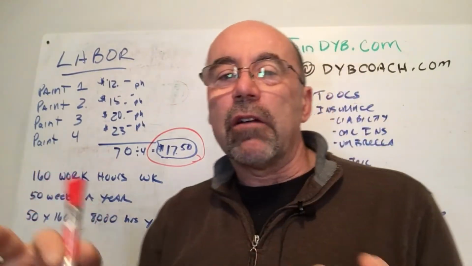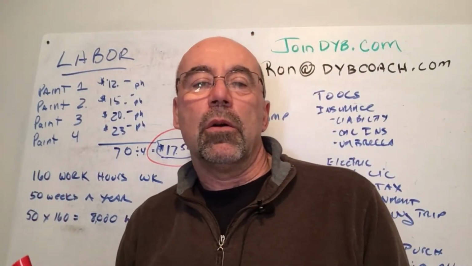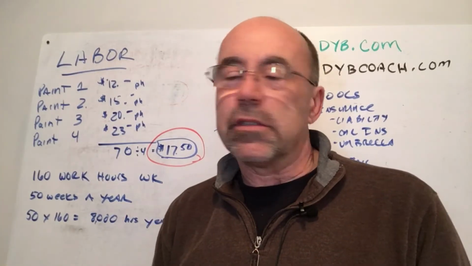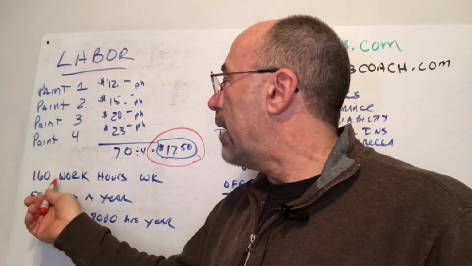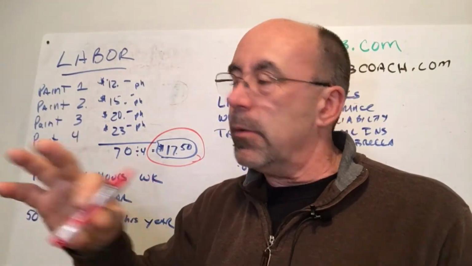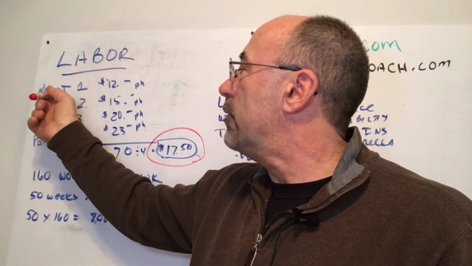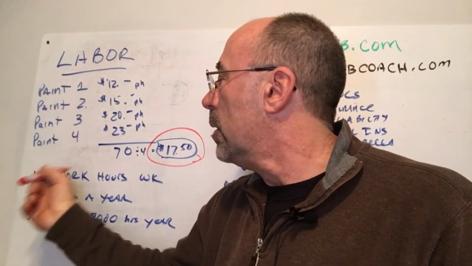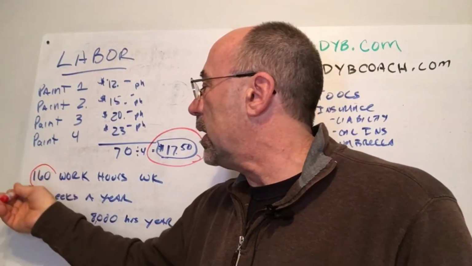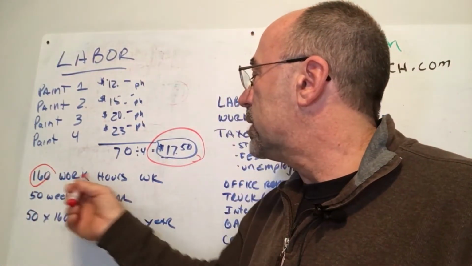So let's figure out what it's going to cost you, and we're going to figure out what it's costing you on a yearly basis in some ways to save you some money. So average with 4 guys, and guys or girls, it doesn't matter, and I don't want to offend anybody, but on average, 4 painters working a 40-hour week, so you have 160 hours a week.